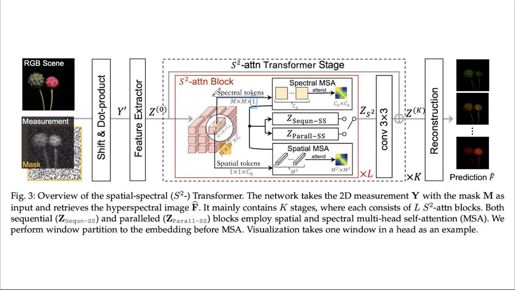From a high-level perspective, for spectral MSA we want to learn the correlation, the importance matrix, across the spectrum in the wavelength dimension. In comparison, in spatial MSA, we want to learn the correlation in the UV space here.